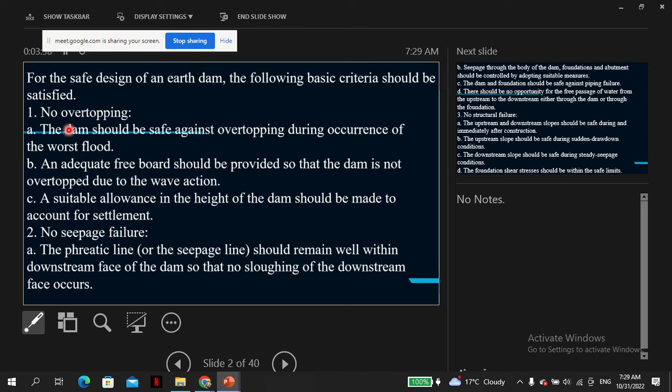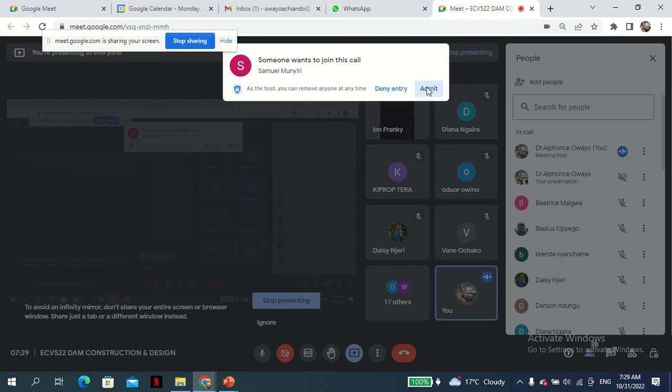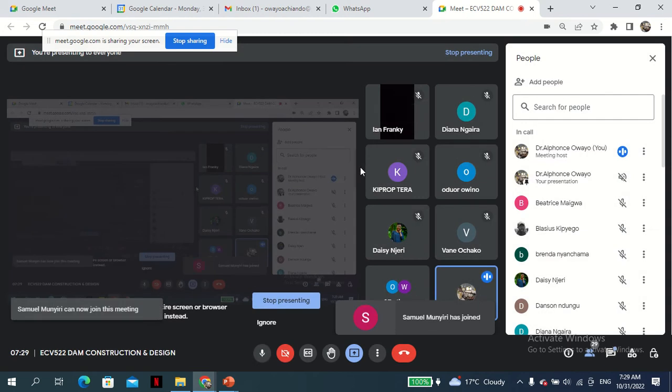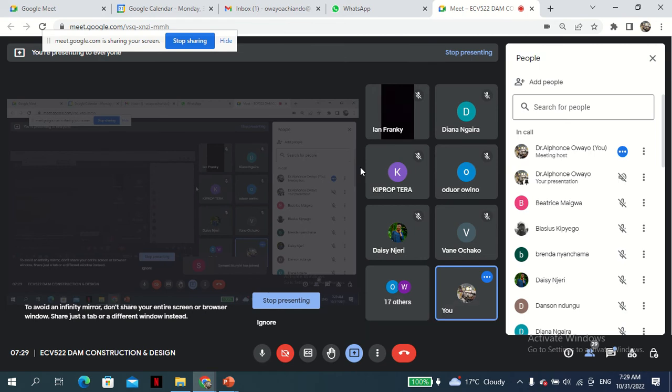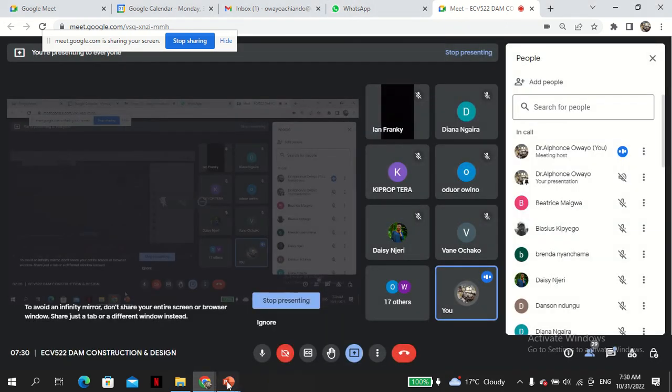So we said at least 1% of the height, if the height is above 30 meters. 1% of 30 is 300 millimeters. So of course there will be settlement, and you need to make adequate provisions for this.